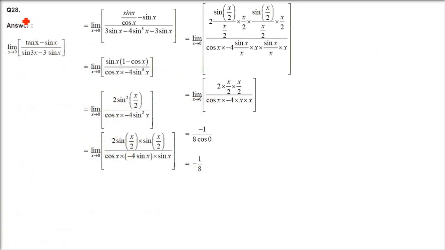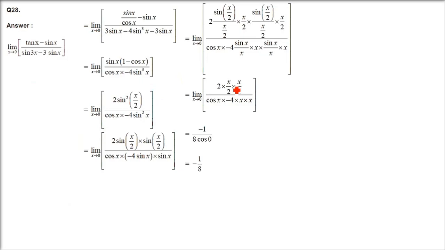Question number 28. Here the limit as x tends to 0 of (tan x - sin x) / (sin 3x - 3 sin x). So how do we do this? We have a sin 3x here and we know the formula of sin 3x. Also tan x is sin x by cos x.